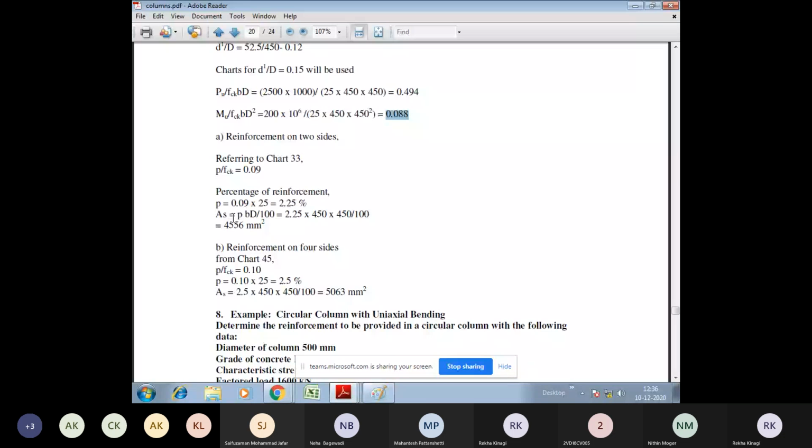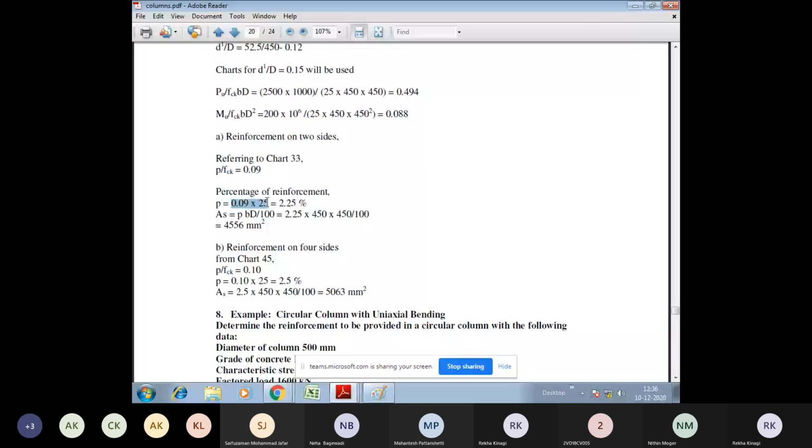If it is between 0.08 and 0.1, then we can say that the value of P by FCK is in between 0.08 and 0.1. So we have considered it here as 0.09.